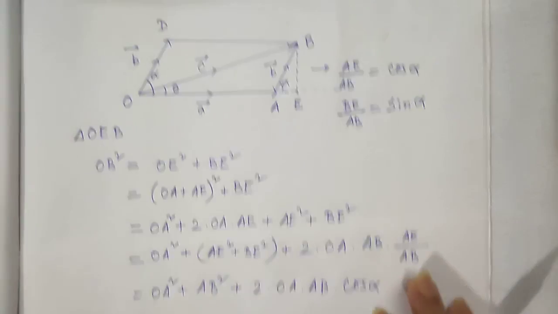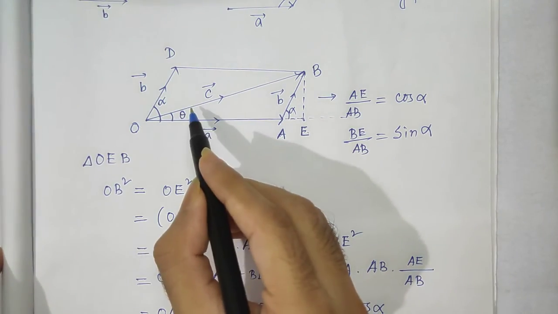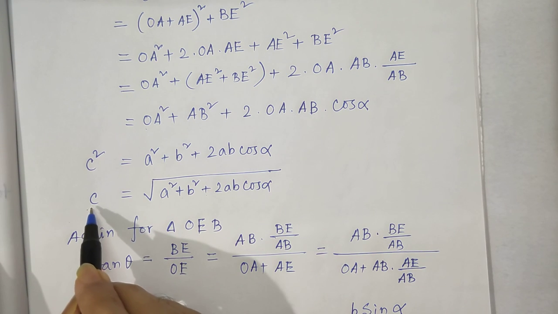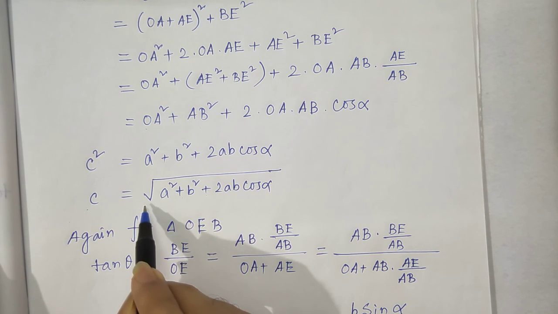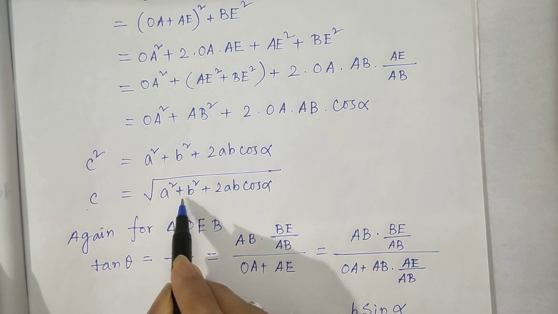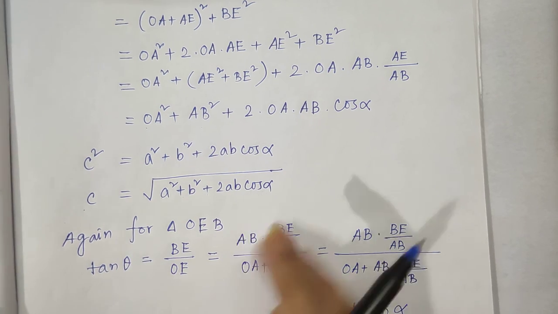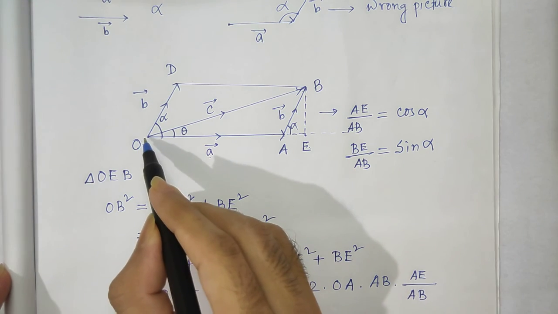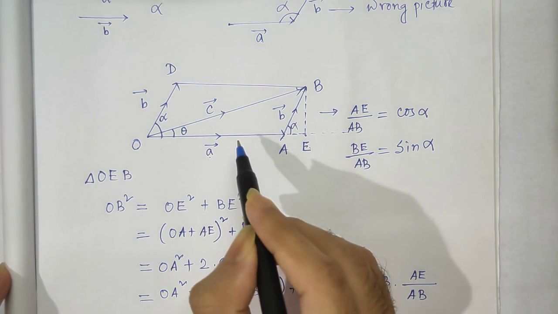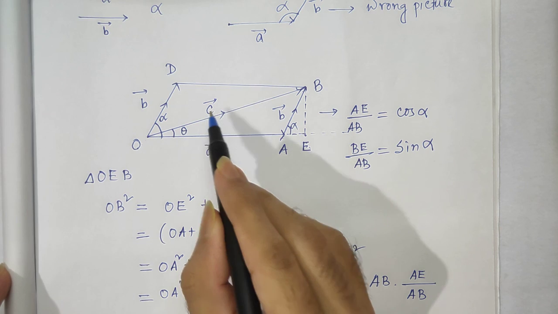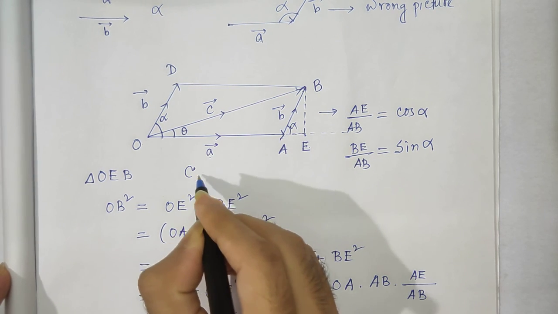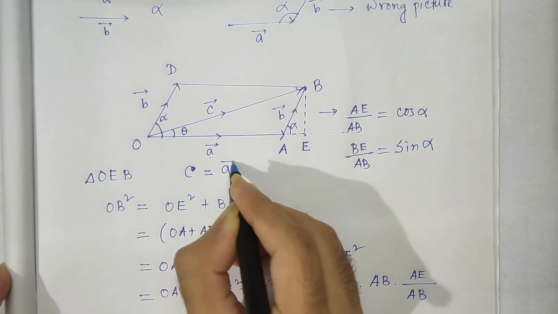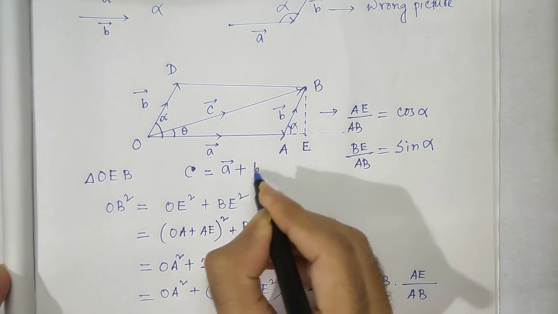Make the angle theta and walk the amount denoted by c, that is root over a squared plus b squared plus 2ab cos alpha. If you do that, then you will find the vector c, which equals the vector sum of the vectors a and b.